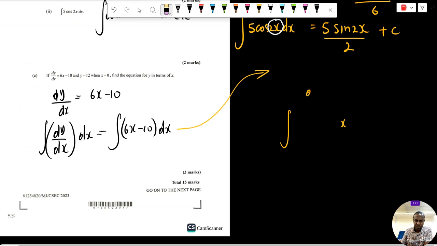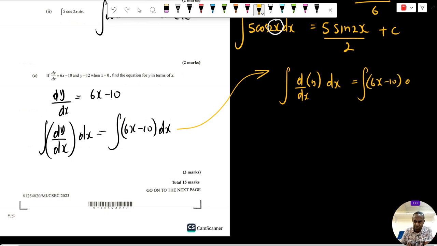So we'll say that the integral of d/dx of y with respect to x is equal to the integral of 6x minus 10 with respect to x. And so this means that y is equal to 6x² divided by 2 minus 10x plus our integration constant c.